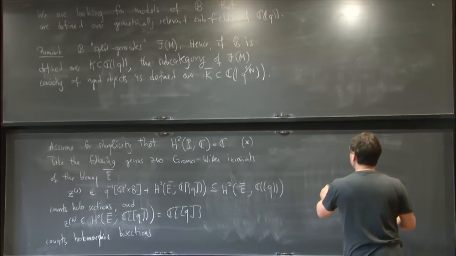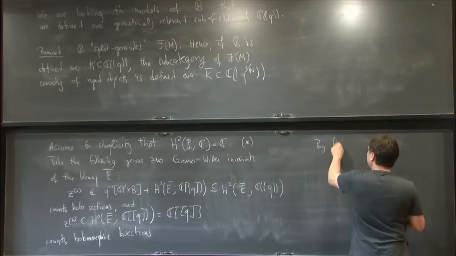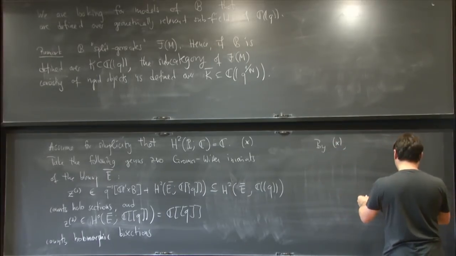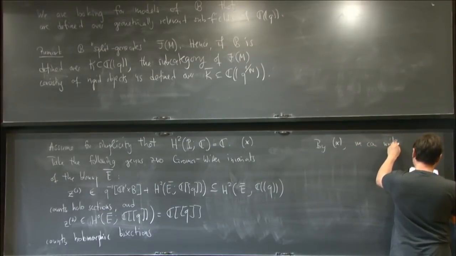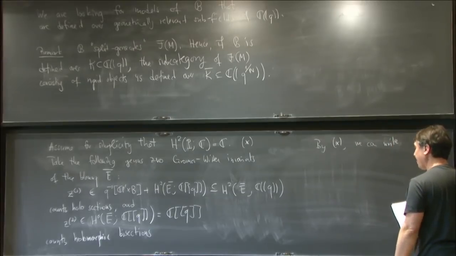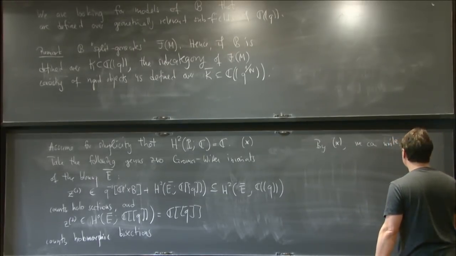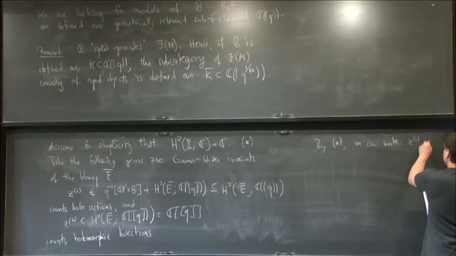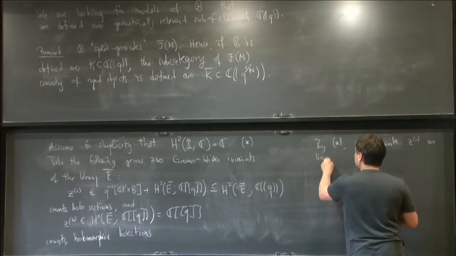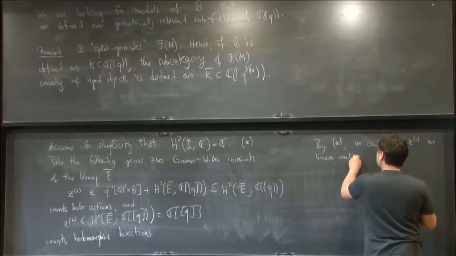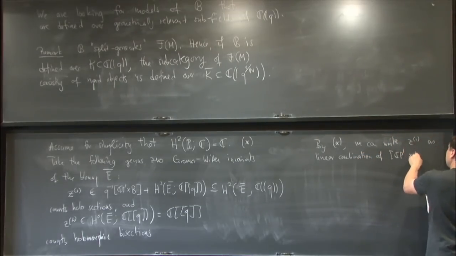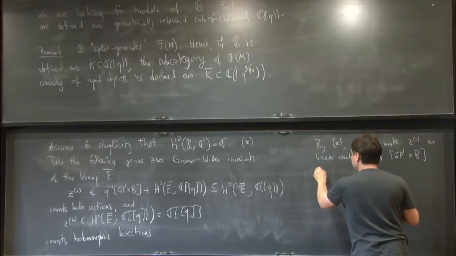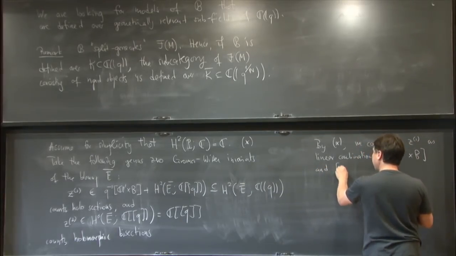So by star, we can write Z1 as a linear combination of this class here, CP1 cross B, and the fiber class.